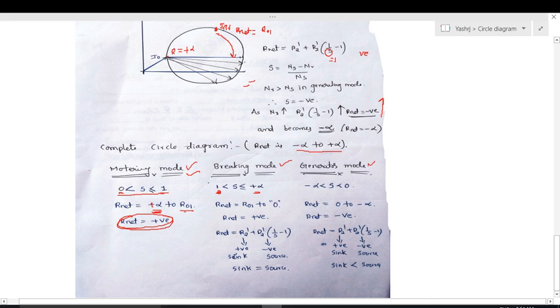Slip is from 1 to infinity, so net resistance changes from R01 to 0. How does this take place? In braking mode operation, this R01 is always positive, nothing but a sink, and it absorbs the power. The other is the mechanical equivalent resistance of the rotor. Why is it negative?